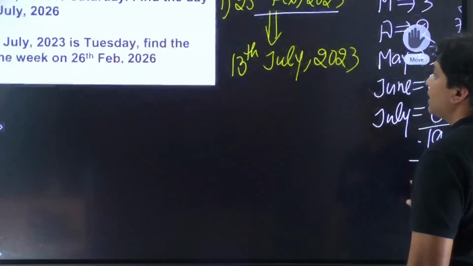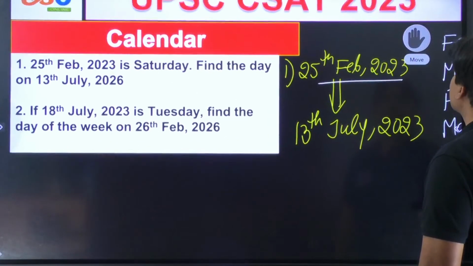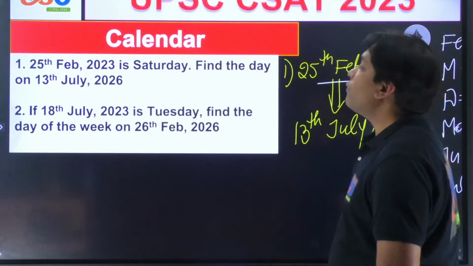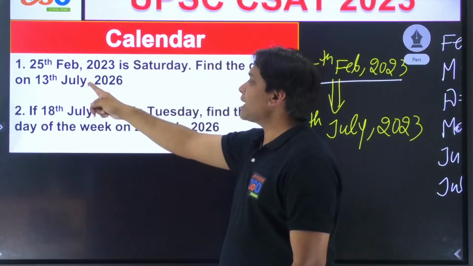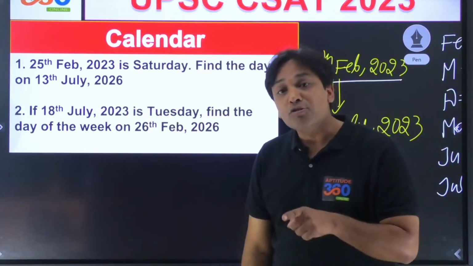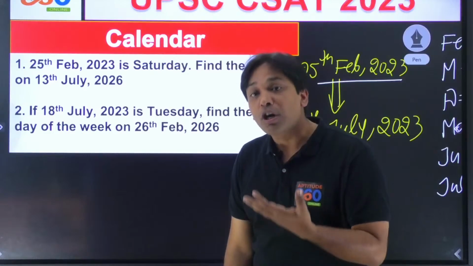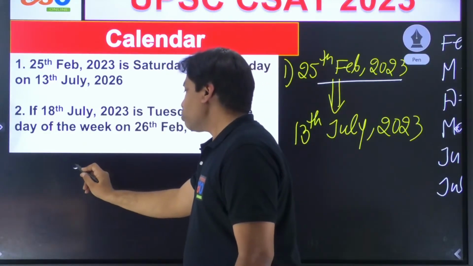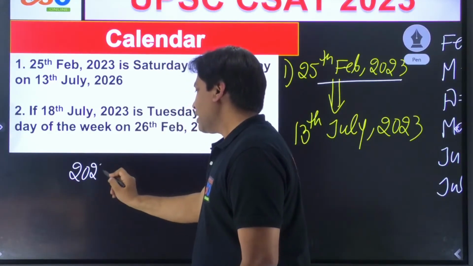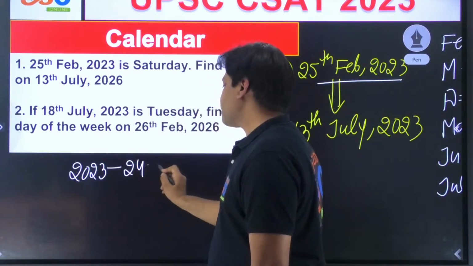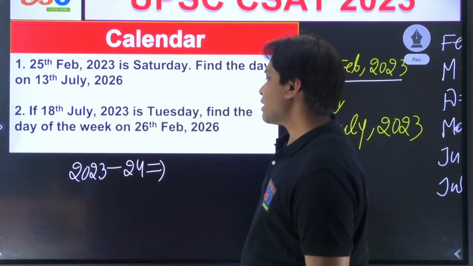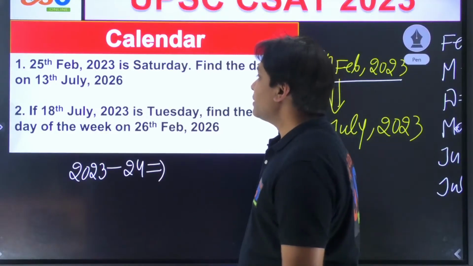What is the problem? See, the problem is, if the day of the week is Saturday and they're asking you 13th of July, not 2023, rather they are asking you for 2026. So understand, 2023 to 2024. How many extra days are going to be there?